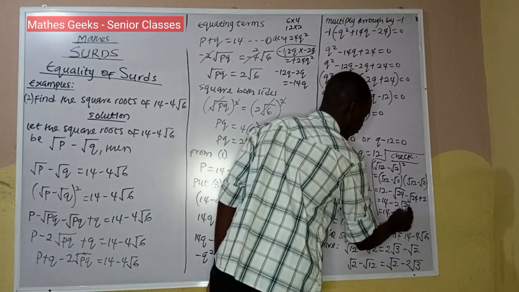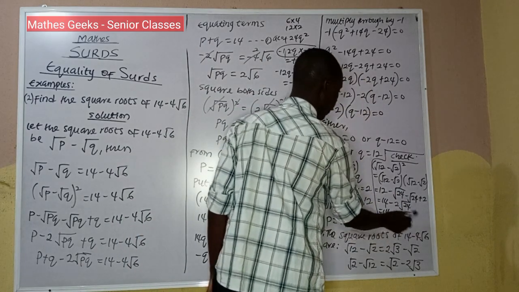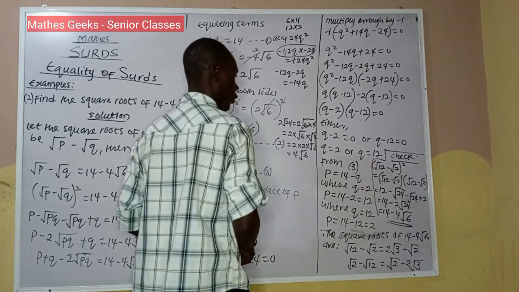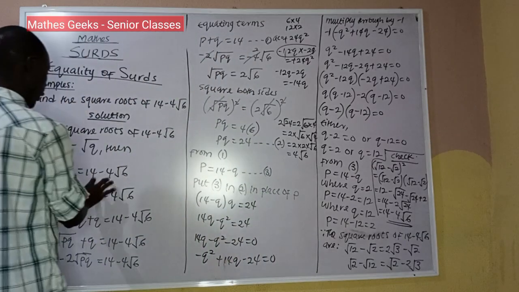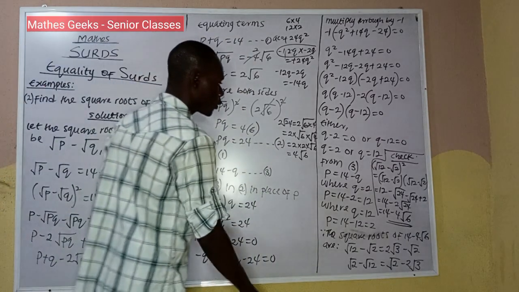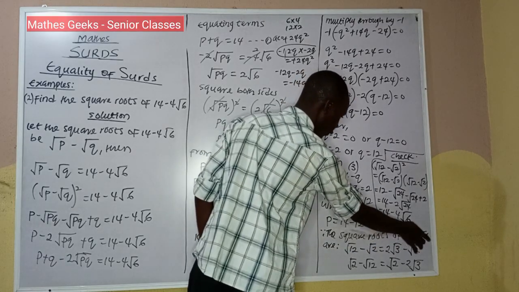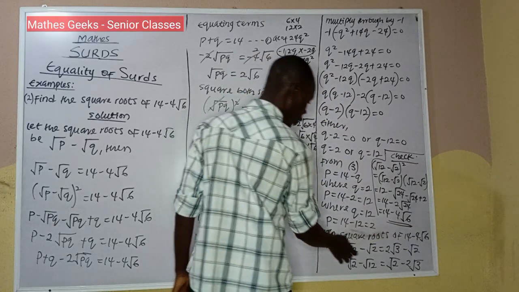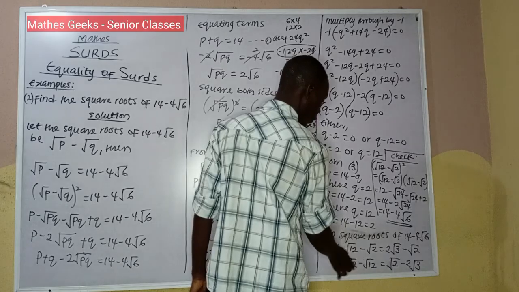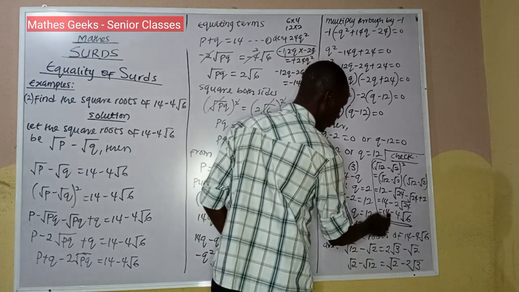So 14 minus 4 root 6. Compare this final result to what you have here. They are the same. So this tells us that the square roots of 14 minus 4 root 6 are root 12 minus root 2, or root 2 minus root 12.